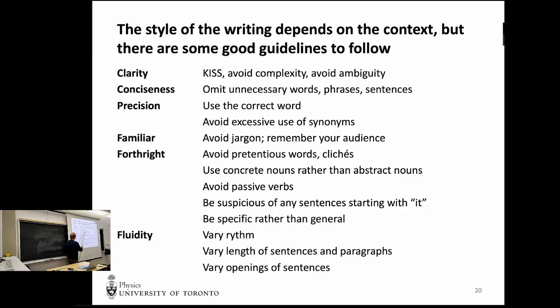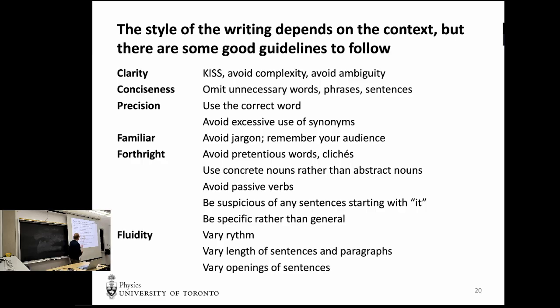Avoid excessive use of synonyms. Don't call it different names in the paper. Stick to a single set of terminology to avoid any confusion. Familiarity: avoid jargon. Remember who your audience is. You should be writing in a way that's familiar to them. Forthright: avoid pretentious words or cliches. They don't help at all.